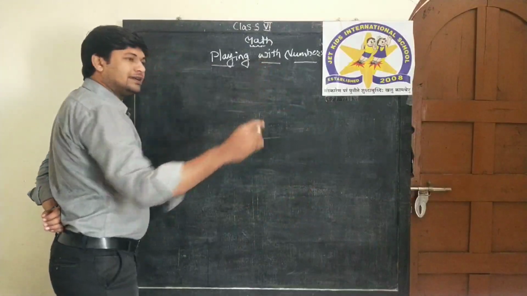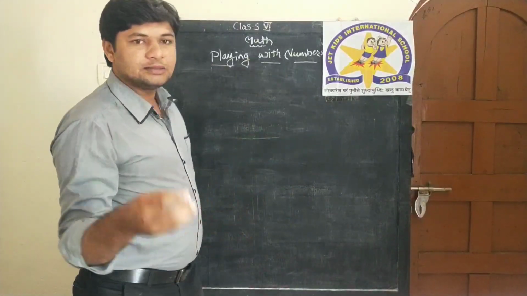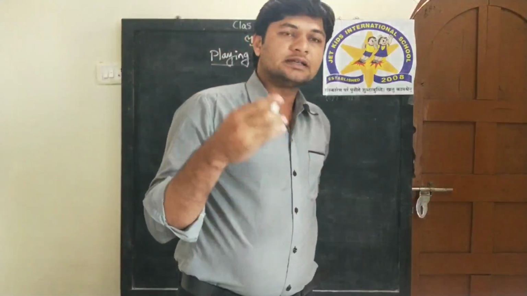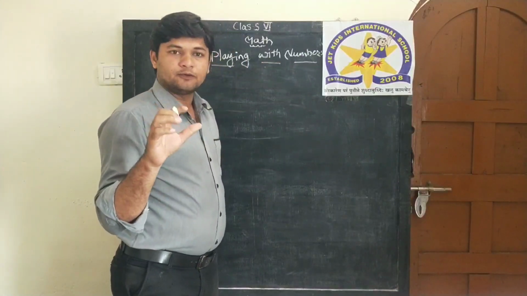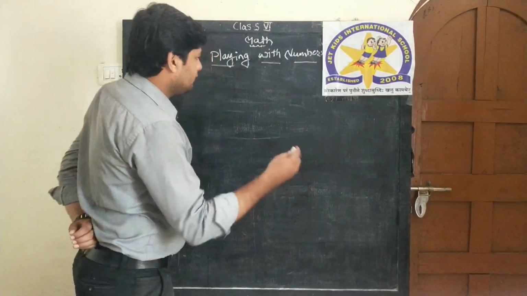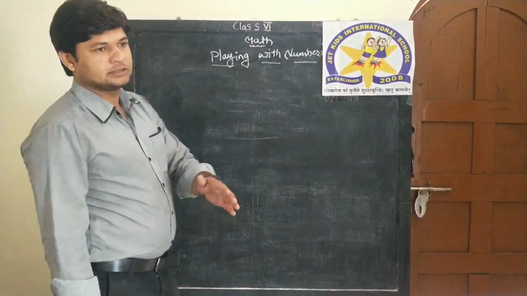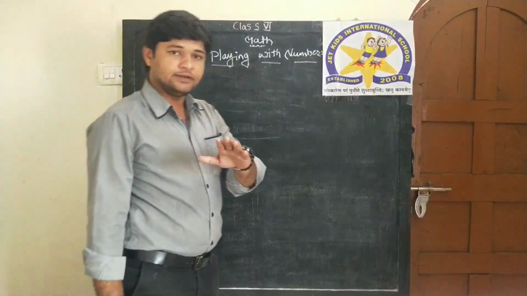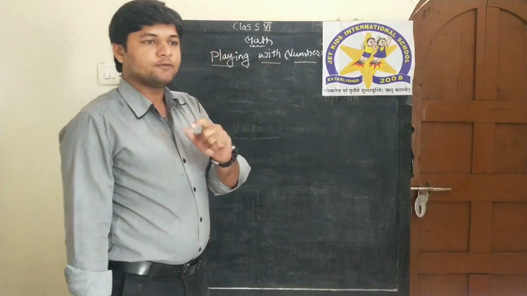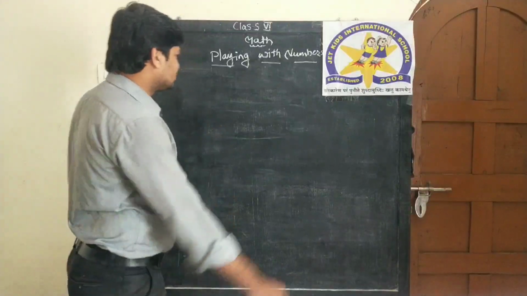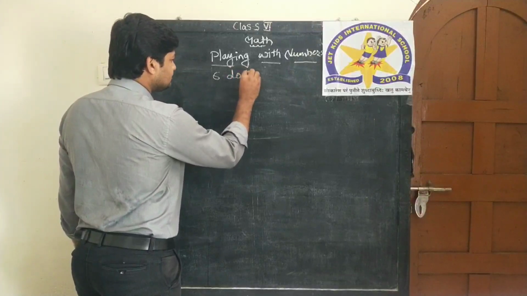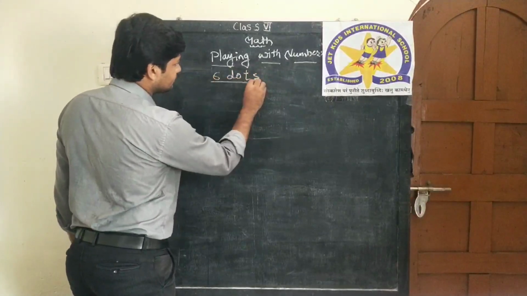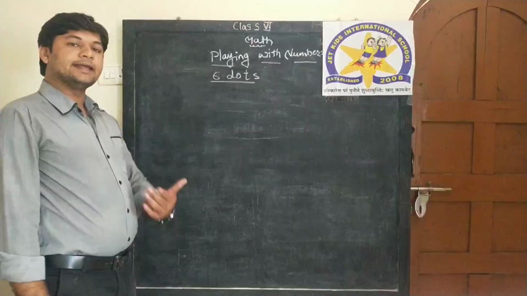Let us start factors and multiples. For understanding factors, we need a few examples for better understanding. Like if we have 6 marbles, it is already given in the textbook. If we have 6 marbles or 6 dots, how will you arrange them?